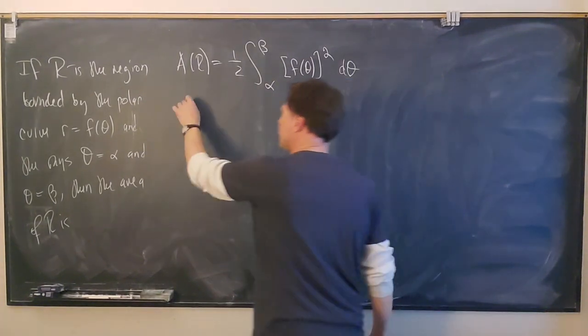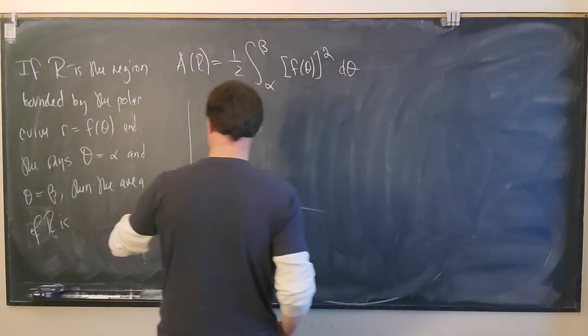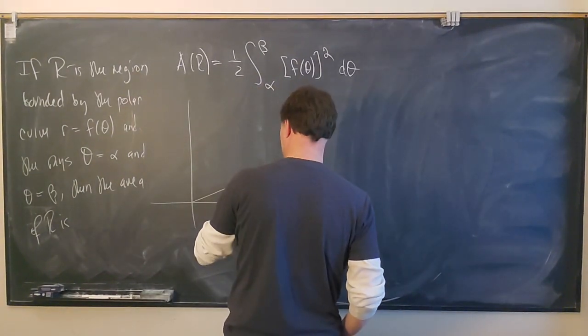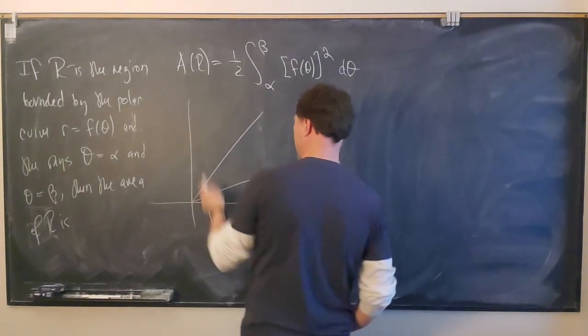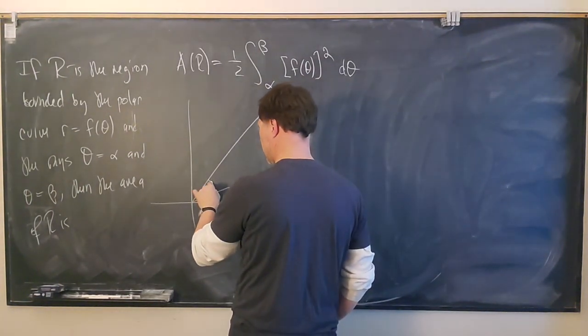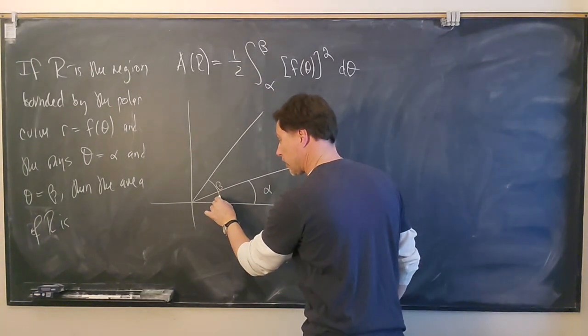And let me give you a picture of what we're talking about. So we have the ray theta equals alpha, so that angle right there is alpha. I don't want to crowd my picture too much, but that total angle right there is beta. Not just this portion right here, but the entire thing.